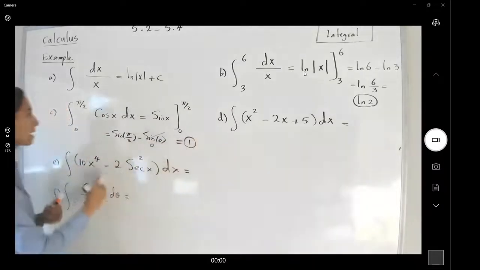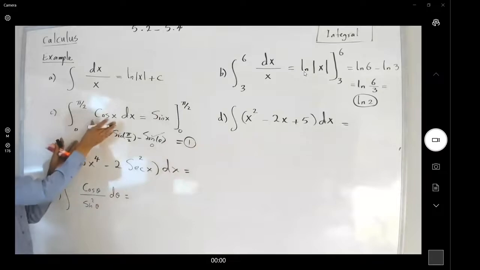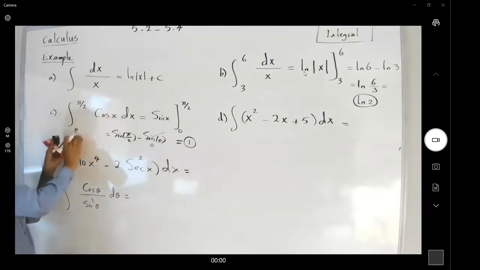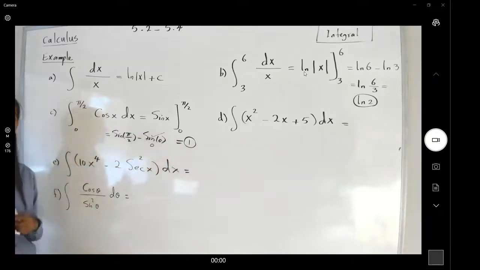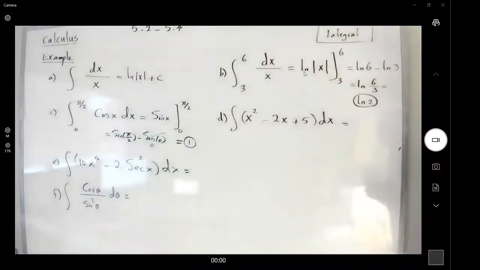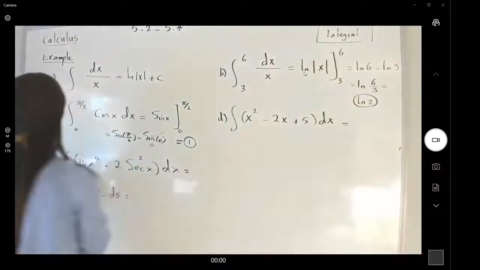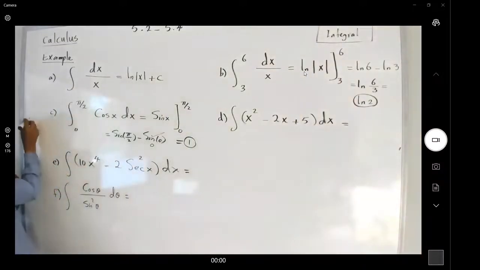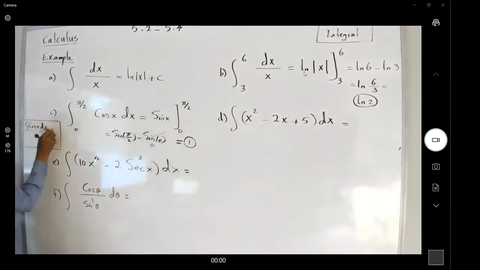So this area below the function cosine x, when x is bounded between 0 to pi over 2, is equal to 1. So let us write this right here in this little box. So you know that we use the integral of cosine x dx equal to sine of x.